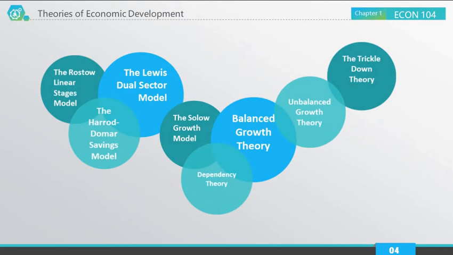Next po, we have the balanced growth theories. So, balance. Ito po yung theory na kung saan it's argued that as a large number of industries develop simultaneously, each generates a market for one another. Okay, it's also the same thing with Lewis.